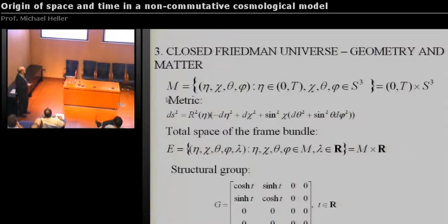And now we try to construct everything according to the previous scheme. The first point is to construct the space E, which is the total space of the fiber bundle of reference frames. The Lorentz group, which is the structural group of this frame, is here.